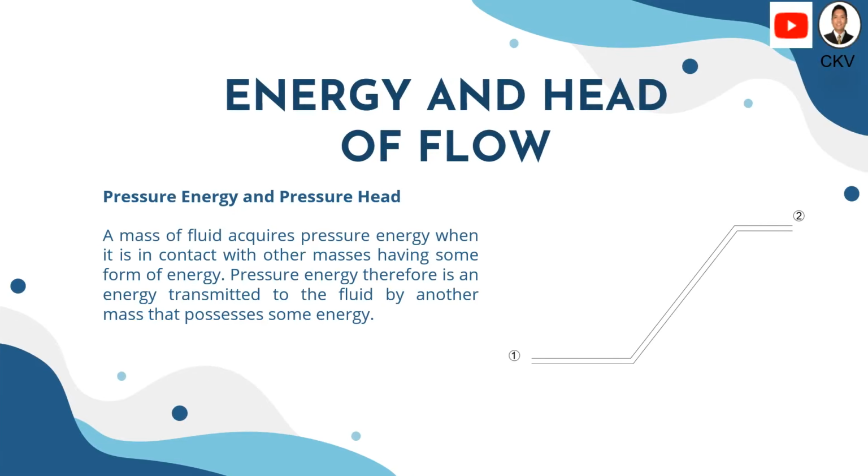Next, we have the pressure energy. A mass of fluid acquires pressure energy when it is in contact with other masses having some form of energy. Pressure energy therefore is an energy transmitted to the fluid by another mass that possesses some energy.